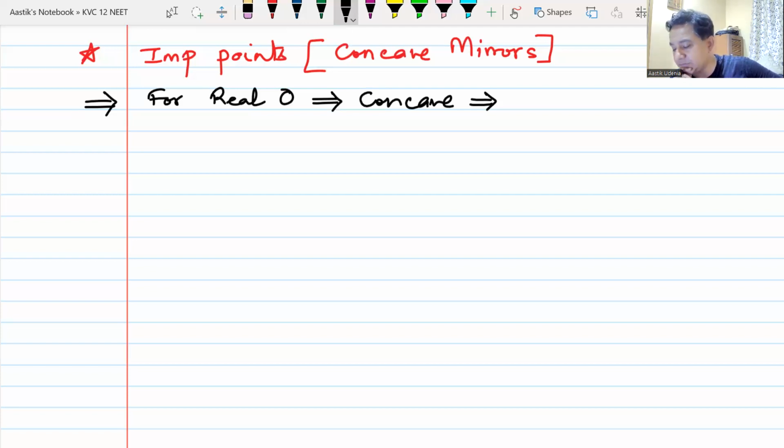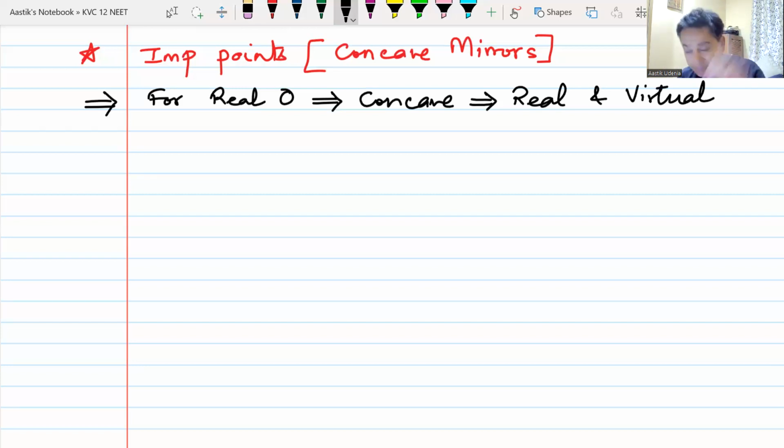What type of image can a concave mirror form for a real object? Only real and inverted? Real and virtual? Real is always inverted, beta. Yes, it can form real as well as virtual images. Do we understand this? Yes, sir. Simple question. I don't ask complicated questions.